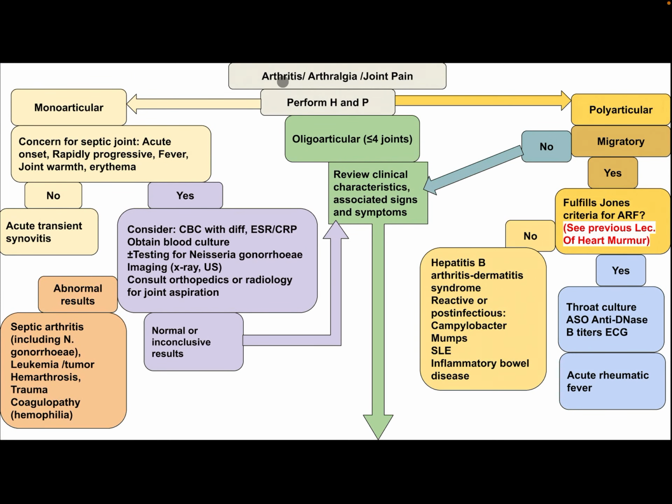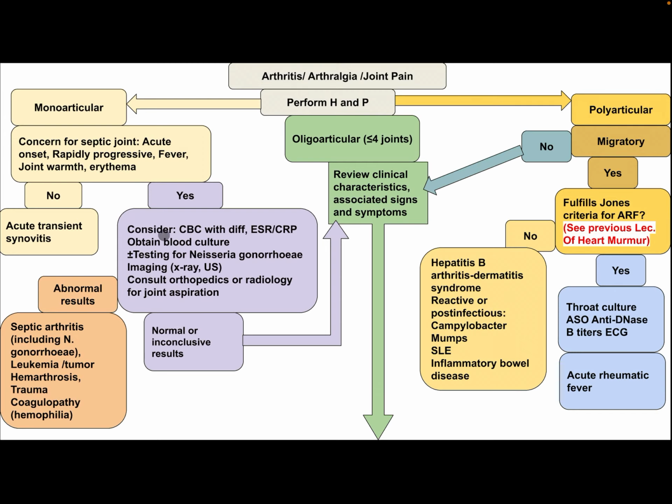How to approach a child with arthritis or arthralgia. Perform history and physical examination. If it is monoarticular, which is one joint affected, concern for septic joint: acute onset, rapid progression, fever, joint warmth, erythema. If it is no, this is a transient synovitis.